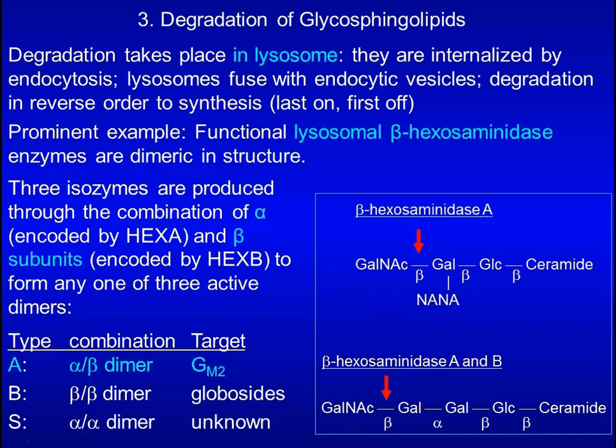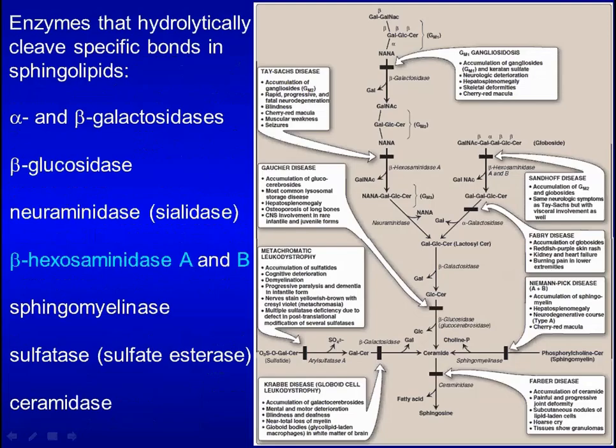Therefore, when the alpha subunit is deficient, as in Tay-Sachs disease, GM2 builds up. When the beta subunit is deficient, both GM2 and globosides build up. Again, deficiency of the alpha subunit only affects beta-hexosaminidase A. This causes Tay-Sachs disease.